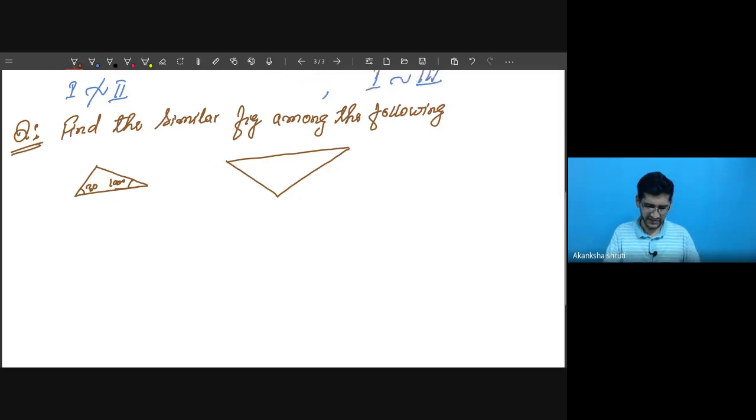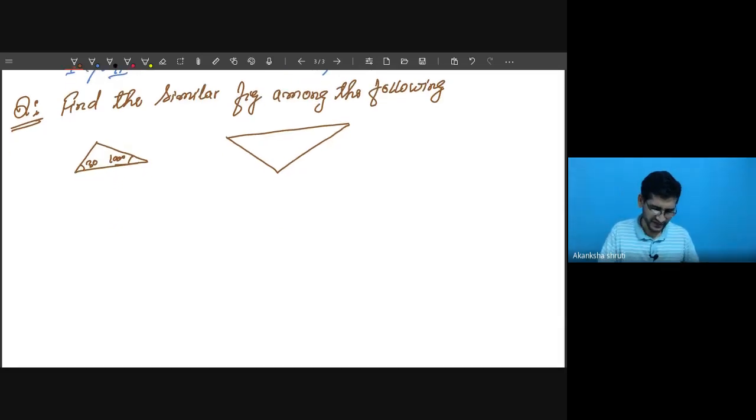We can name this triangle ABC, and the other triangle is given as PQR. Let me take this as 50 degrees, and the other one as 30 degrees.